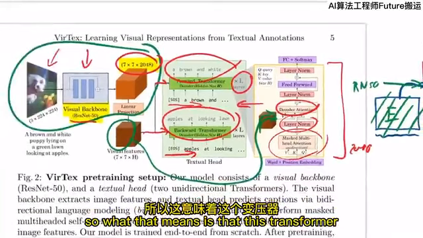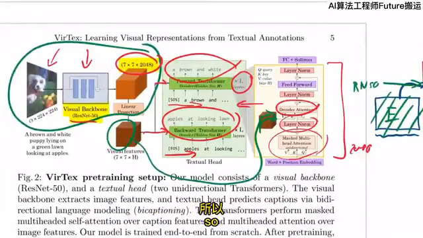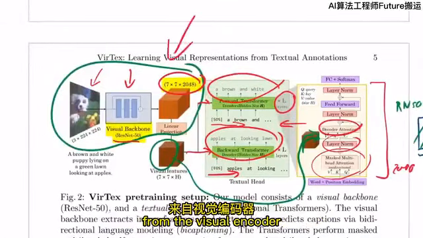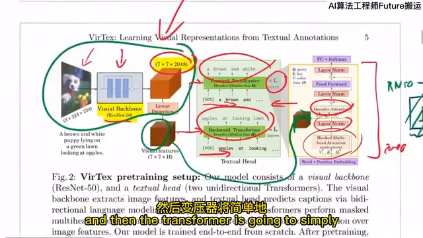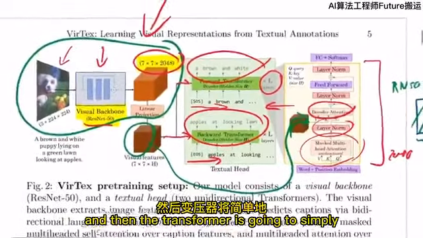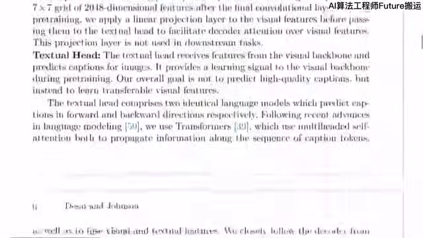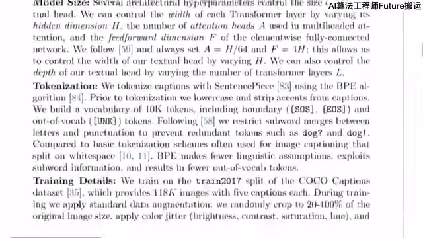What that means is that this transformer is not very powerful. So you force most of the power to come from the visual encoder. The visual encoder basically has to do most of the work, and then the transformer is simply a very shallow language model on top of that. And that, of course, makes your visual backbone even better.